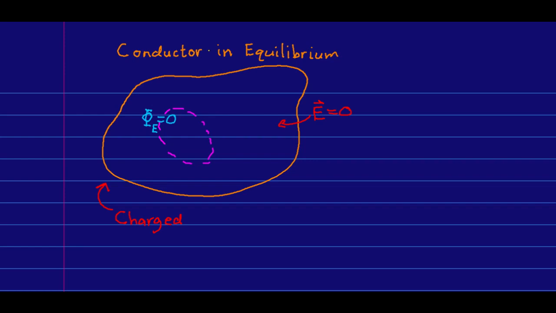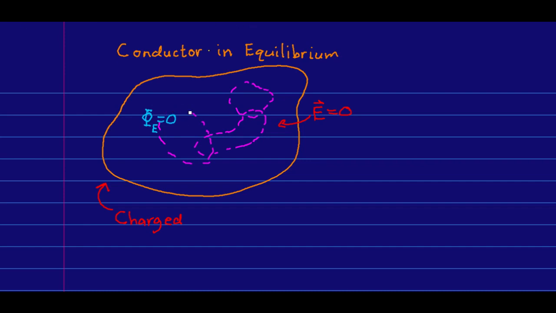And since I can draw any surface I want, and no matter what surface I draw, the total charge inside it must be zero, because the flux is zero, because the E field is zero, there cannot be any charge inside the conductor. But we've just said that the conductor itself is charged.